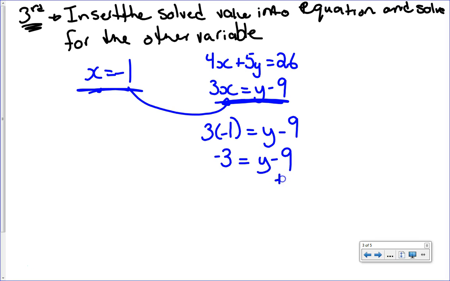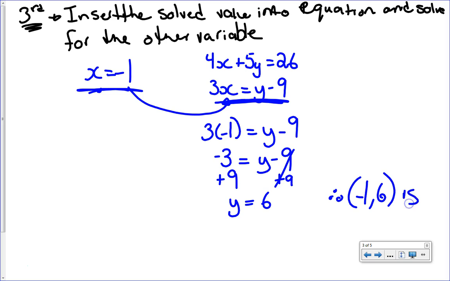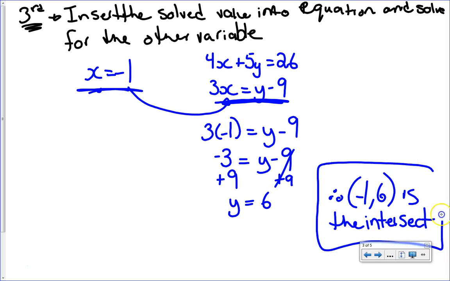And to get y by itself, we would add 9 to either side. So y equals 6. So using substitution, we just figured out that the intersecting point of this graph is -1, 6. So there's my final answer.